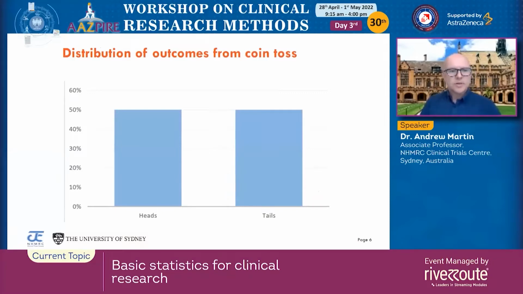And you can see a histogram here where after performing many tosses of the coin, we're obtaining 50% of the time heads and 50% of the time tails. So, although we can't predict with certainty what way an individual coin will land, we can discern a distribution.